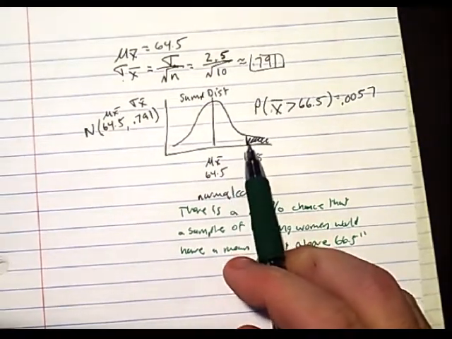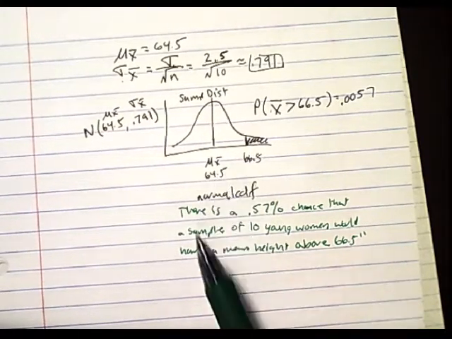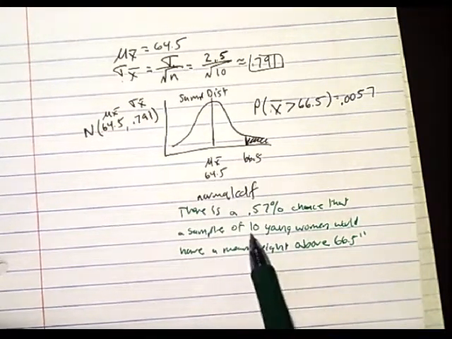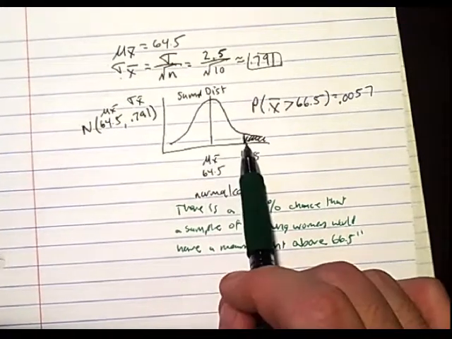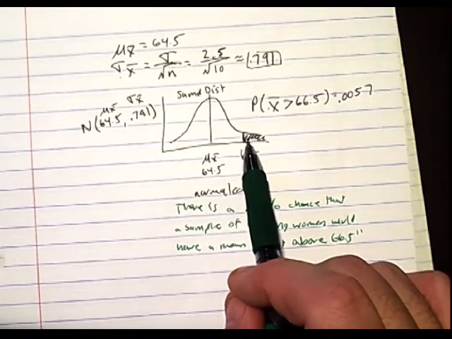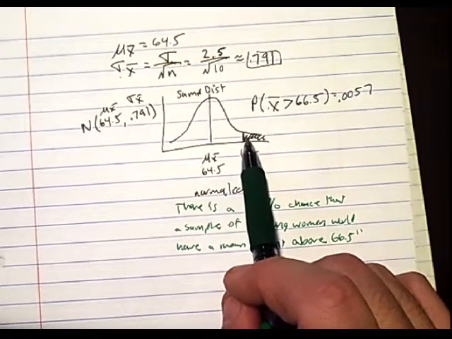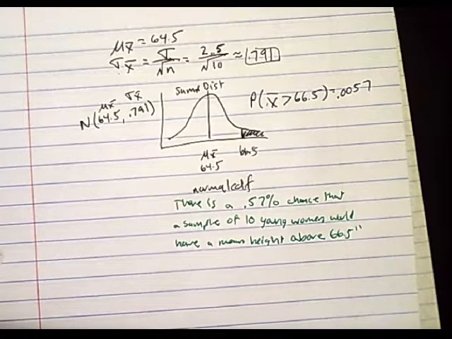One woman is likely to be a few inches taller, but the likelihood of 10 young women having an average that much greater than the mean, it makes sense why it should be considerably less. Because one person can be tall, but to have 10 women that average out 2 inches above the mean height, not very likely.